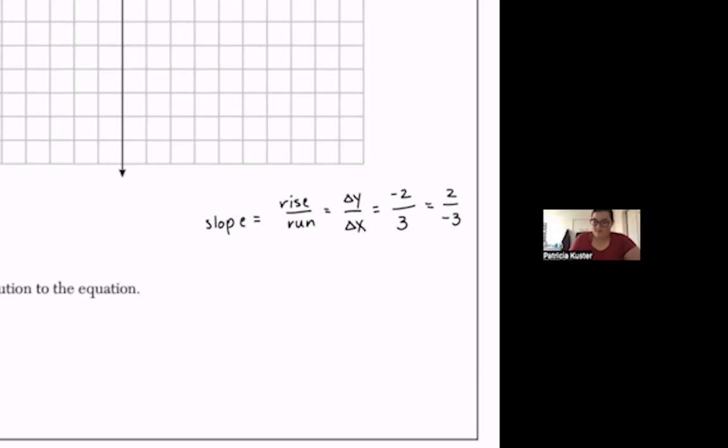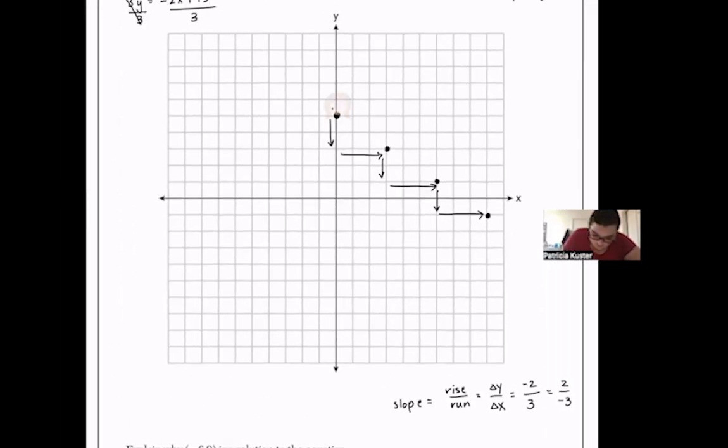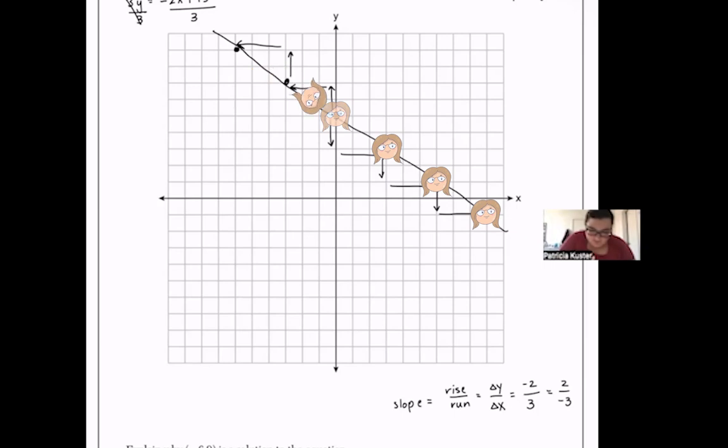So if I use that method, I could go up 2, left 3, up 2, left 3. This is helpful for making sure that our line spans the entire graph before connecting the points.